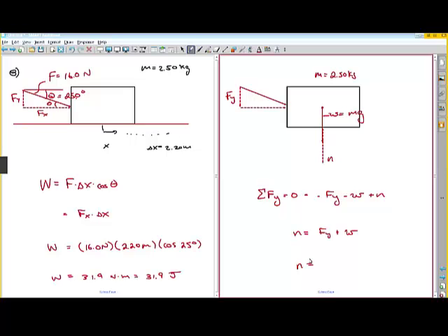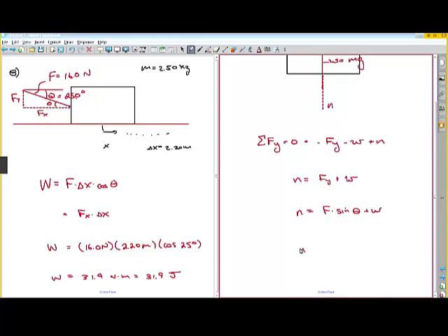F sub y is F times the sine of the angle theta. So if we want to plug the numbers in, we have the force, which is 16 newtons times the sine of 25 degrees, plus the weight, and the weight is the mass times the acceleration due to gravity.